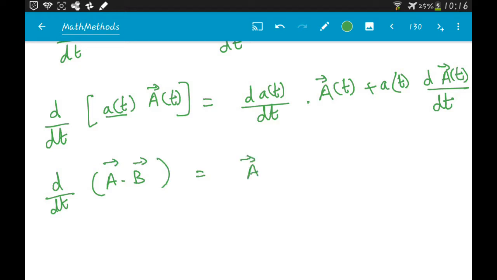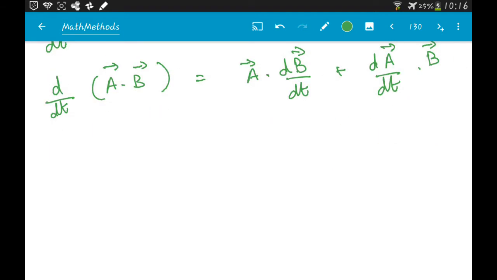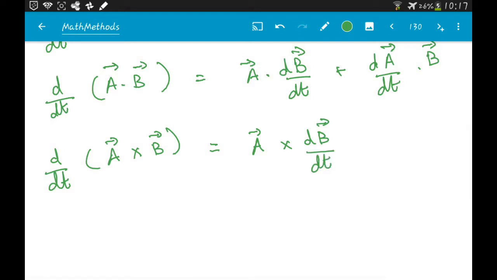So you will get A dot dB by dt plus dA by dt dot B. And if you want to take the differential of a cross product, you will get A cross dB by dt plus dA by dt cross B. Okay, this is how you will do it.